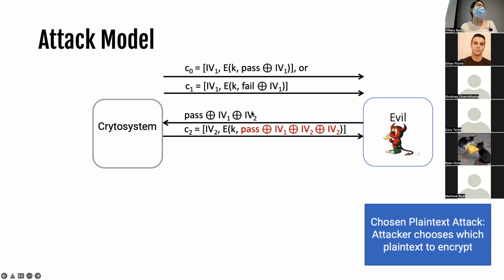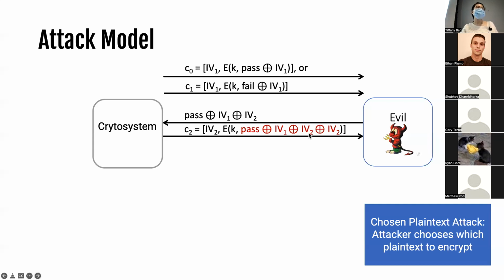Evil can just combine the word pass, XOR that with IV1 and IV2, okay? So Evil can combine this message all together and send it to the crypto system and ask it to encrypt it. The crypto system is going to use IV2, XOR that with this plain message, so it has this plaintext XOR IV2.